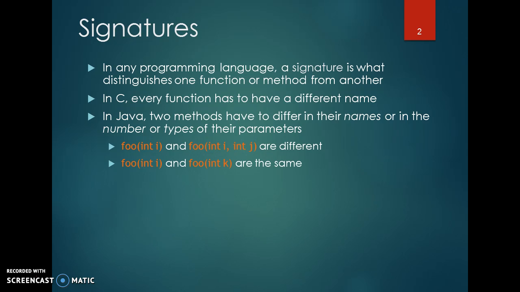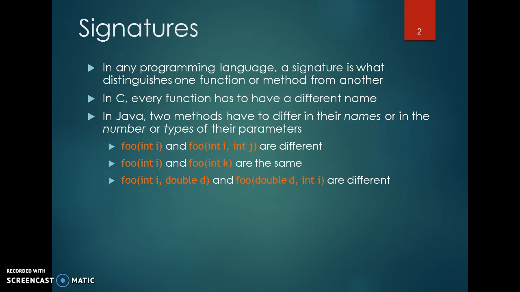Similarly, if we have a method foo which takes one integer named i, and we declare another method foo which also takes one integer but the name is k, then these two are the same function because both of them take a single parameter of type integer. So we cannot differentiate the methods by the parameter name only. We can differentiate them by parameter data type but not by name.